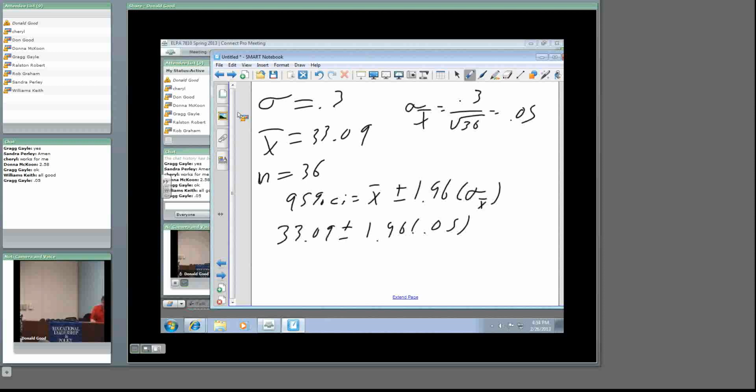So it's going to be 33.09, if I could write halfway decently, which I can't anyway, but you know that. Plus or minus, I get 1.96 times 0.05 to be 3.598.